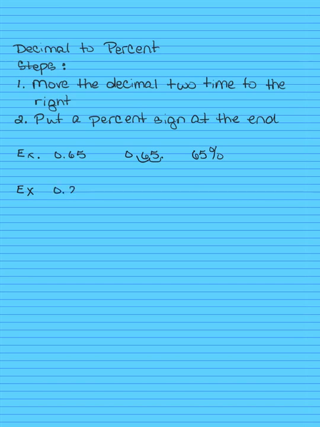Another example would be 0.279, 279 thousandths. So I'm still moving my decimal 2 places to the right. I don't move it all the way to the end, just 2 places to the right. And now I have 27.9%. You need to make a note that if there is an empty place, you need to add a 0.